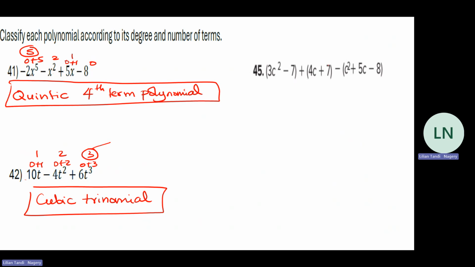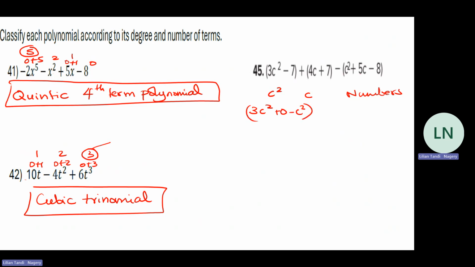Okay. So this one, you cannot just classify it the way you're seeing it. You solve it. Put your friends together. So here you'll do c squared, then you will do c, then you will do your numbers. Okay? All right. So here you have 3c squared. There is no c squared in the middle, so that is 0, minus c squared.